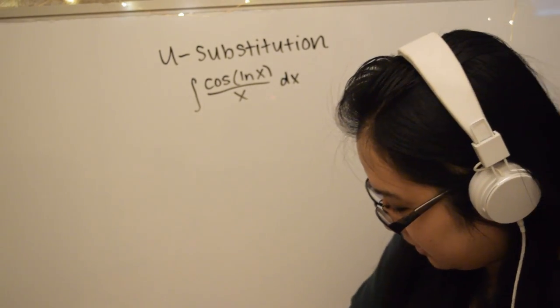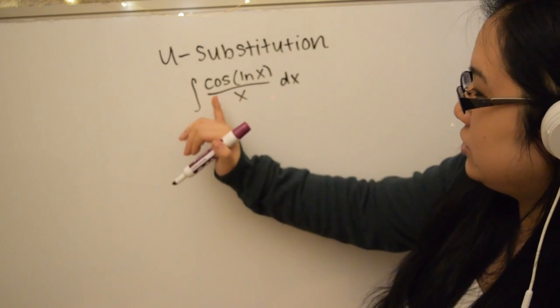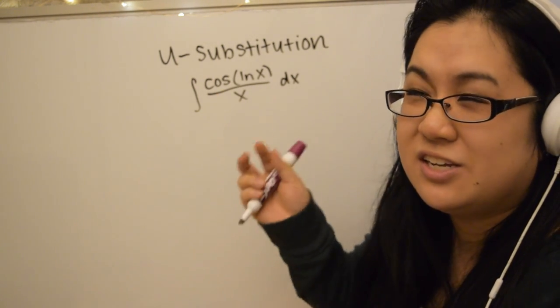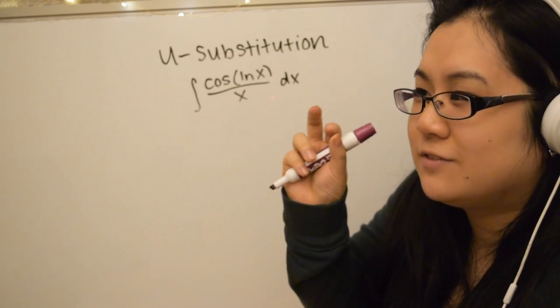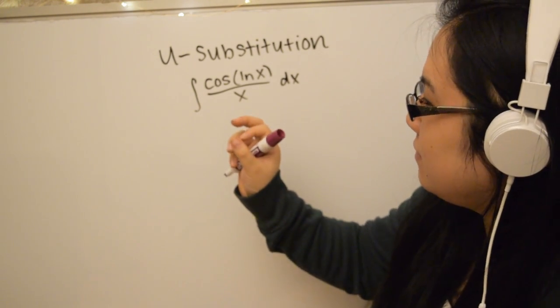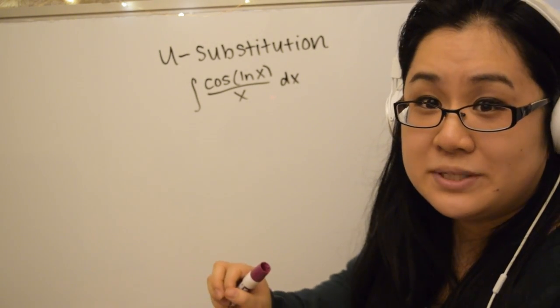So here's the thing. Remember that our goal is to write everything in terms of u and du. So this is where we have to give it a little bit of thought and kind of plan ahead a little bit.